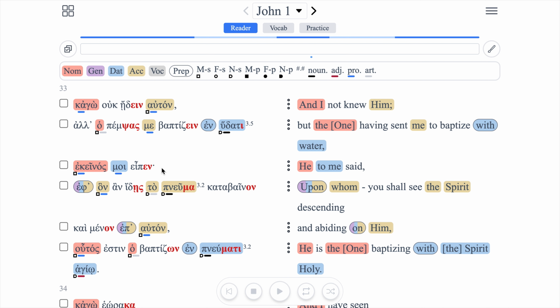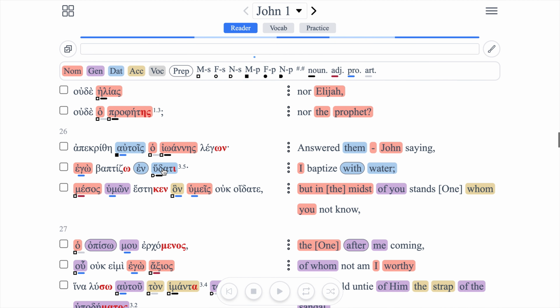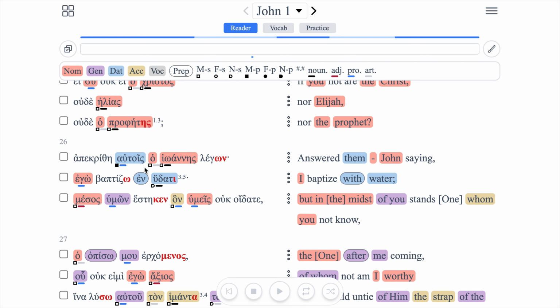In 33, we have another dative pronoun, me, to me. So the dative can often be found by asking to whom. Note that the dative will not always be translated with to in English. For example, in verse 26, we have a dative pronoun, but it's a little tricky because it's not translated as to them in English. The to whom question is a good general trick, but really what the dative is getting at is who is receiving the action.